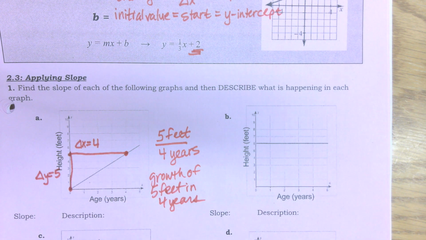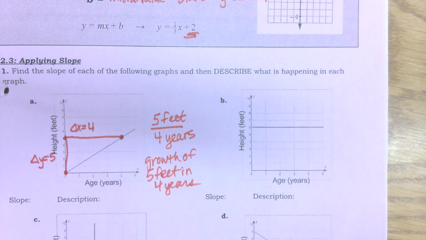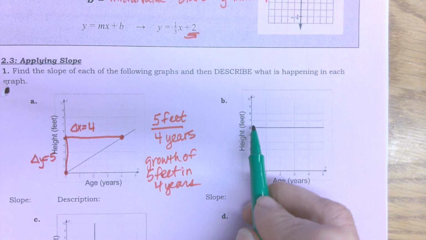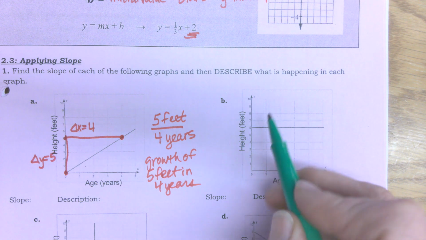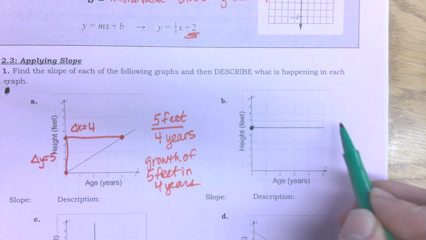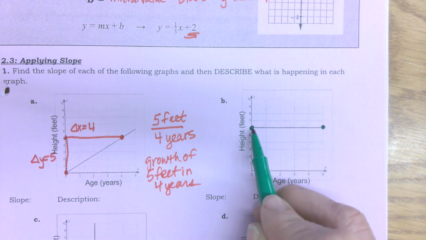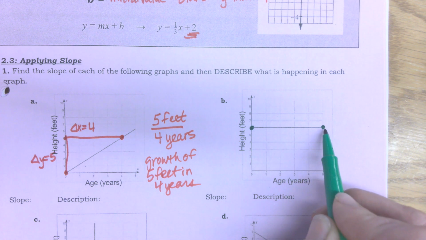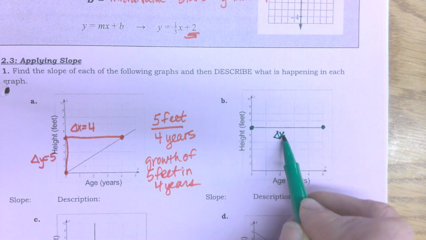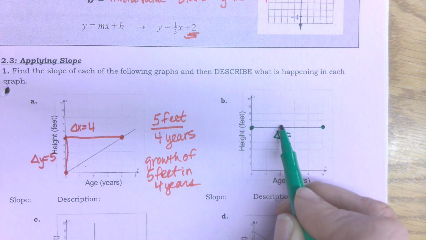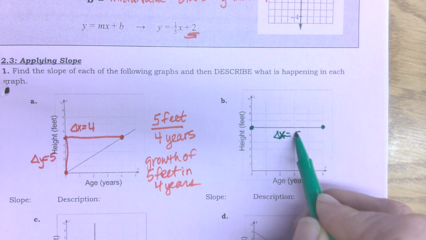When I look at B, I want to do the same thing, except I have a little bit of a problem. What's delta y? 0. So I'm going to put a point here and a point over here, and count my change. All I have is a delta x. Delta x is 1, 2, 3, 4, 5, so that's 5.